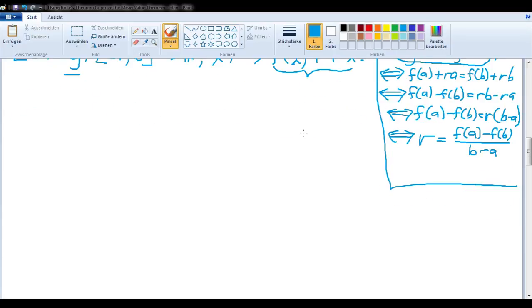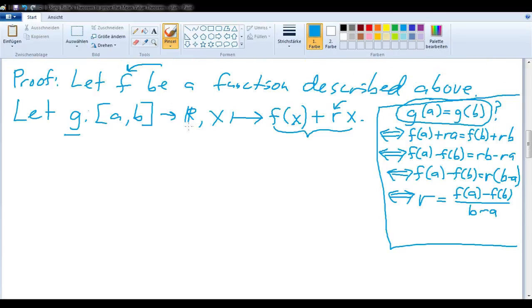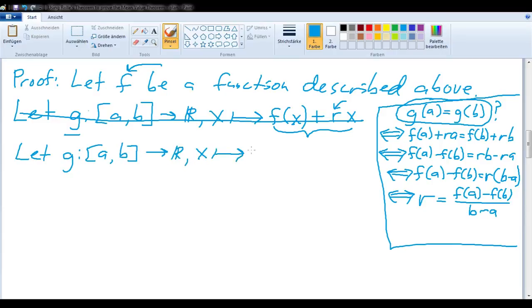So let's just update our definition here. We'll just write this again. This time we'll say let g be the function that is defined as being from a to b to the reals, where x gets sent to f of x plus f of a minus f of b, I'm just copying what we have right here, over b minus a.